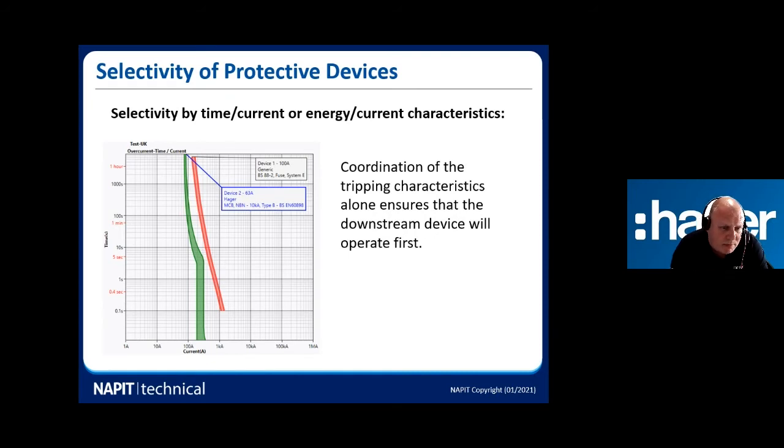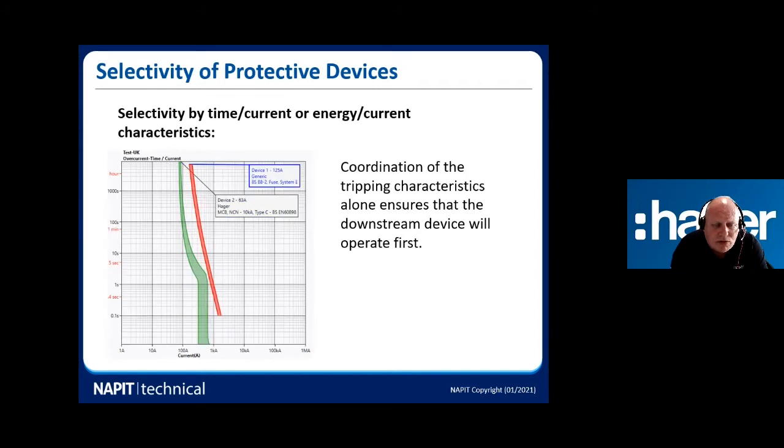Now, if that is a problem and we need to use a type C MCB, there is another way we can look at it. Okay, so in this next slide here with the graph, what we've done this time is we've changed the BS88 type 2 fuse from a 100 amp fuse to a 125 amp fuse. That has then moved the curve of that fuse away from the MCB.